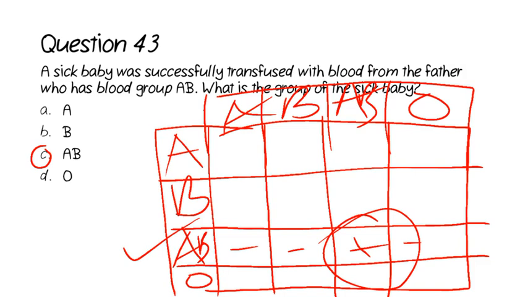Since the father has AB blood group, therefore, to ensure that his transfusion is successful, the sick baby should also have AB blood group. So question 43, the answer here is AB.